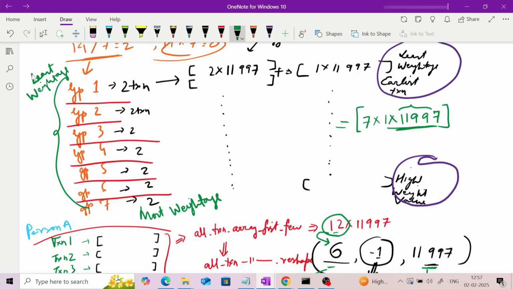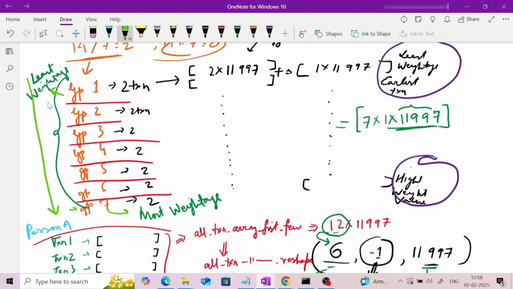How we decide which weightage should be given to which group is on the basis of the groups that have been created most recently. The group created by grouping the transactions that have been done more recently will be given the most weightage, and the group created by the transactions that were done very early will be given the least weightage.